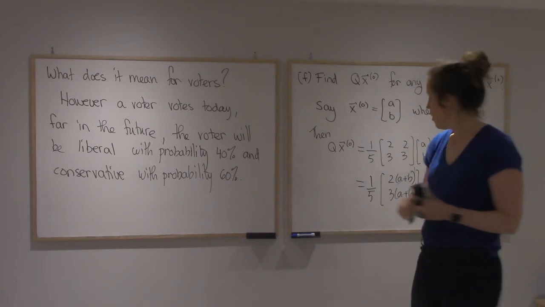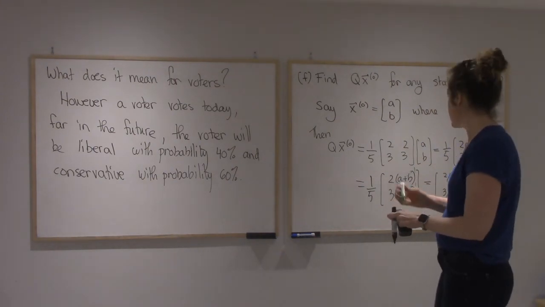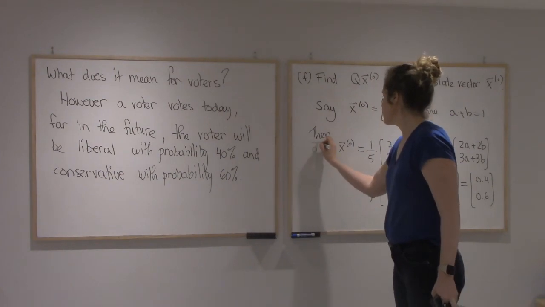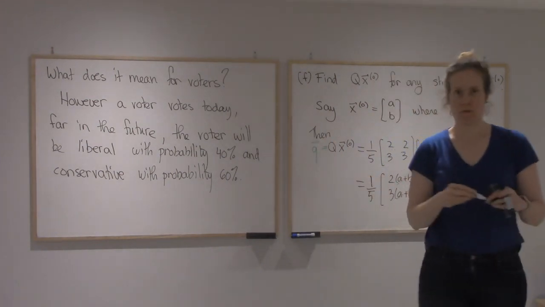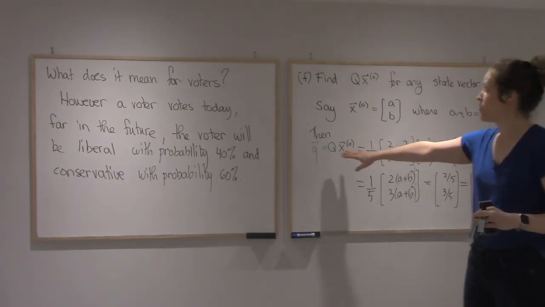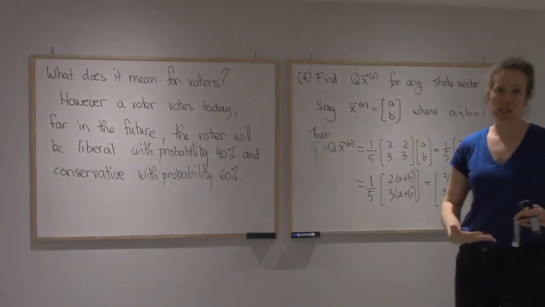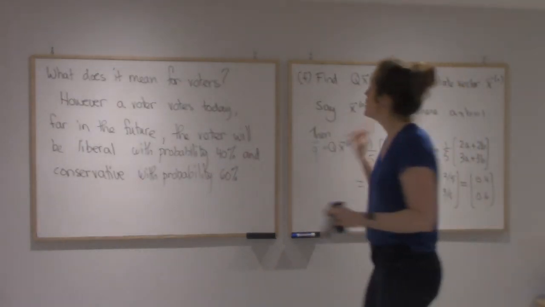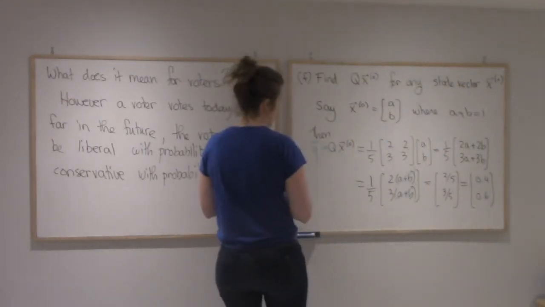Alright, so let's call this vector the 40-60 vector. Let's give it a name. Let's call it Q. There's something special about this. Q has a special relationship with the P we started with, and that's what we want to check out in part G of this problem.